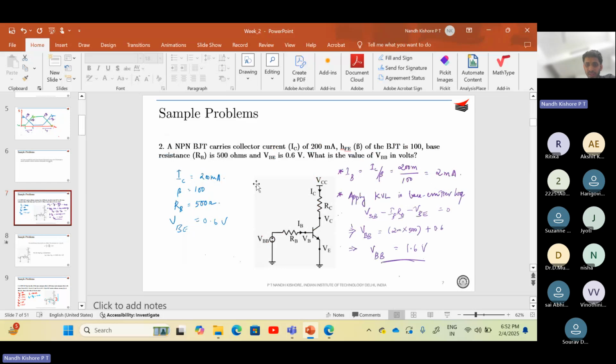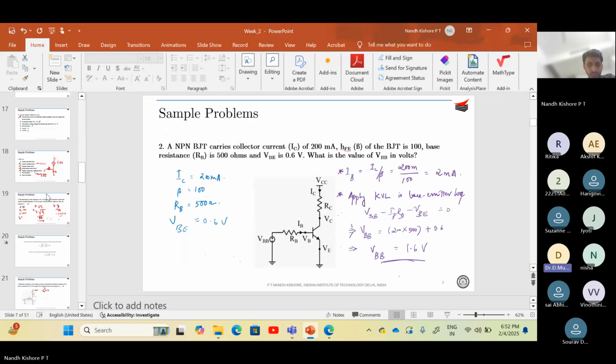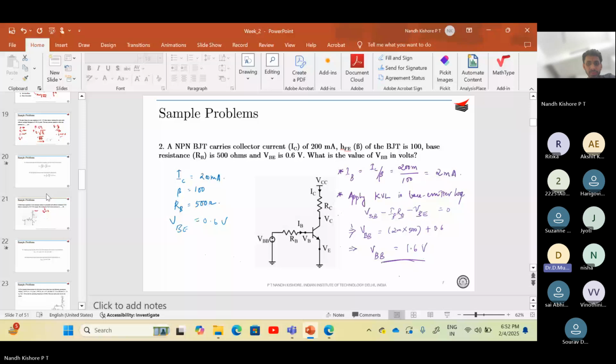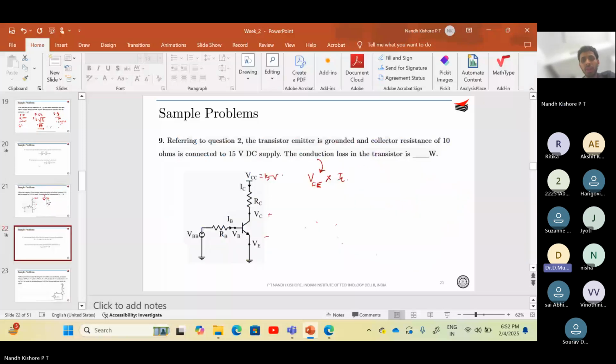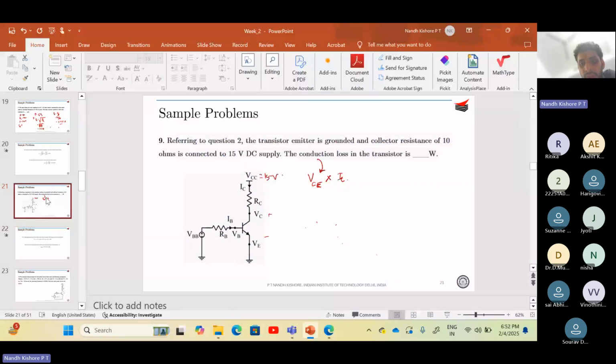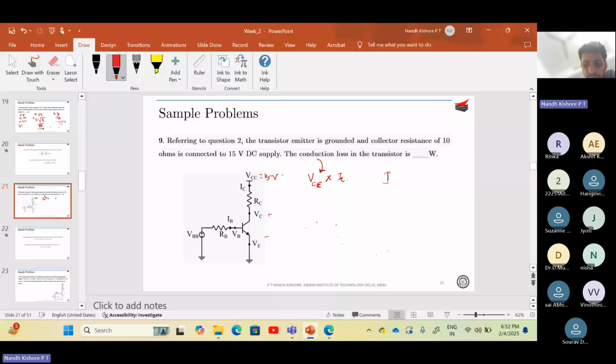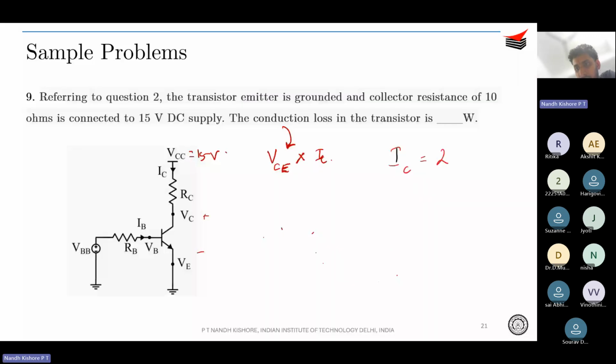IB is 2 milliamps, and yeah, just I think this is enough. IC is 200 milliamps.